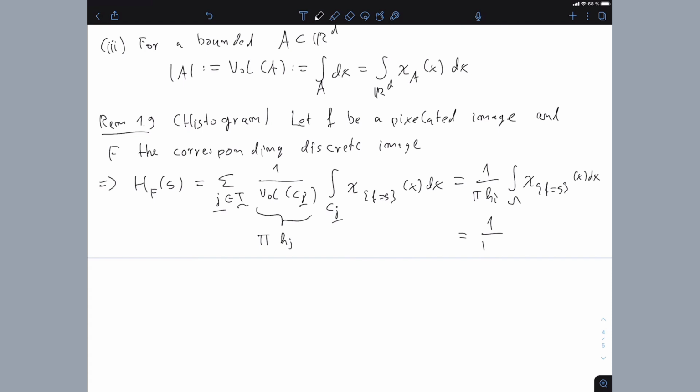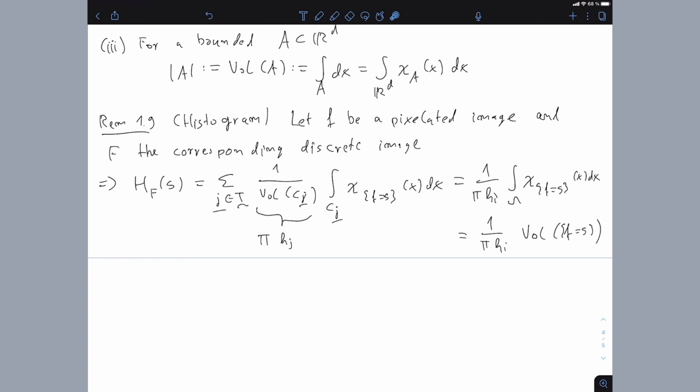So that means we have just the volume of the level line here. So except for the scaling factor, which we know is just the volume of the cells, the discrete histogram is the same as the volume of the level lines.